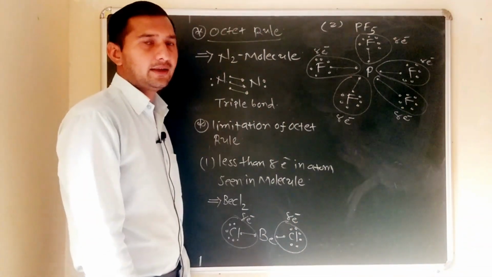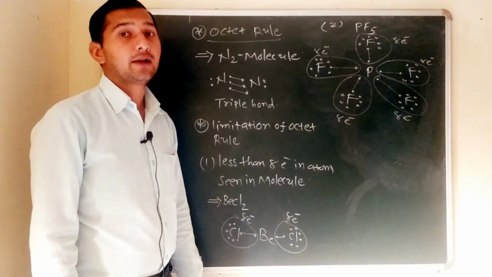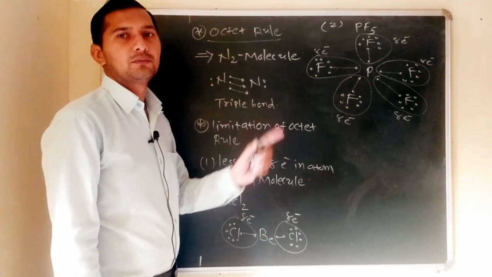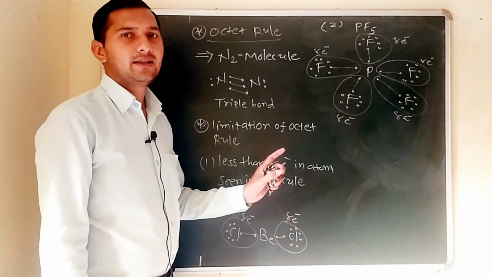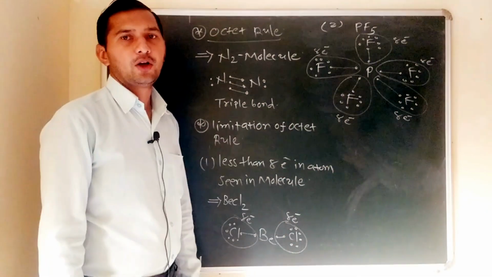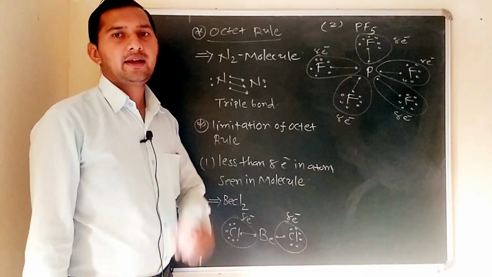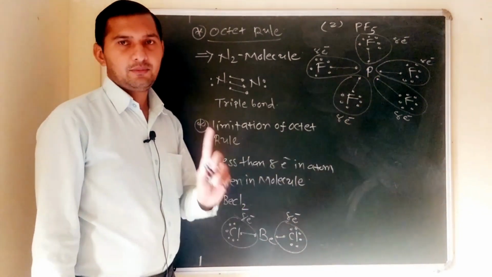So we can say that the phosphorus atom has 10 valence electrons, which is 2 more than our octet rule allows, but even so it is a stable molecule. So this is another limitation of the octet rule, meaning certain molecules in which the central atom has more than 8 valence electrons also acquire stability.